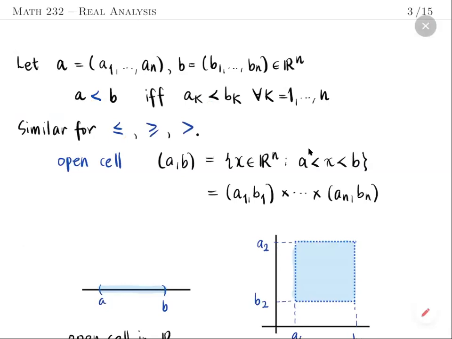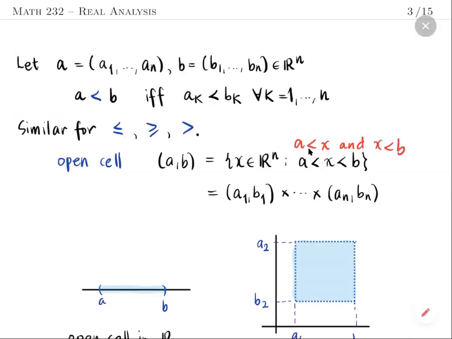With this notation, we can now define more compactly what we call the open cells. The open cell (a, b) is the set of all x in Rn which are between a and b, meaning a is less than x and x is less than b.